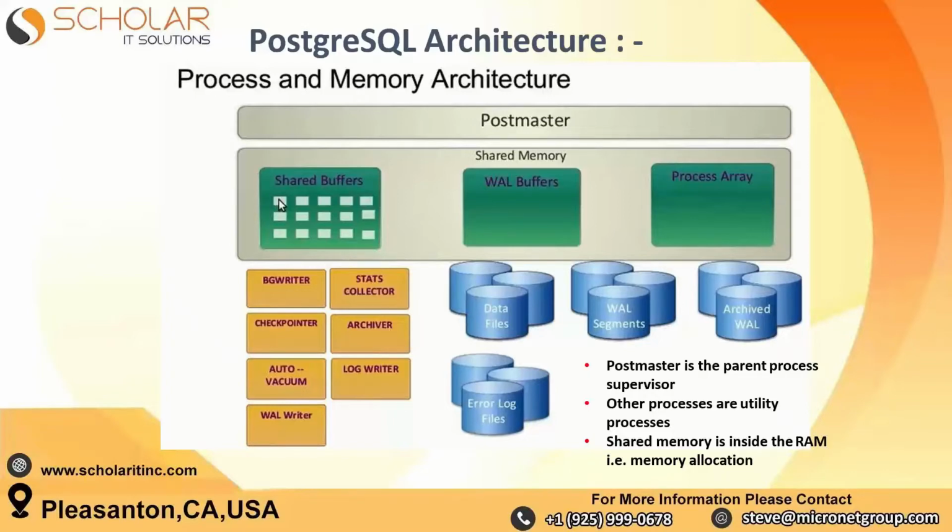That's what happens in Postgres. If I update an already available row, it will delete the existing row and insert a new row. Whichever row gets deleted, that space remains there as it is. So that is where your fragmentation will come into the picture. If you have a lot of updates happening, there will be a lot of fragmentation on that table.